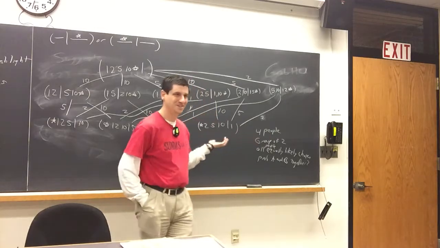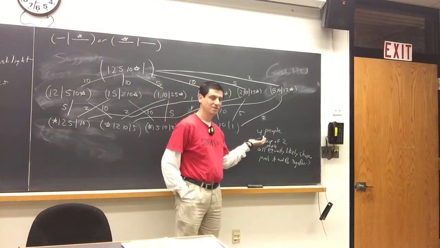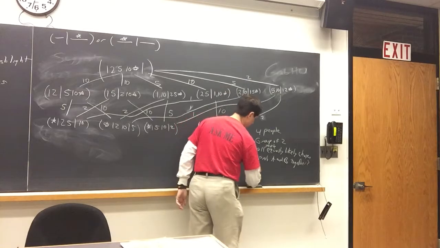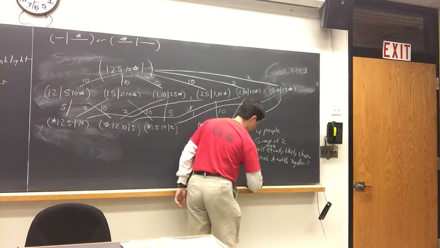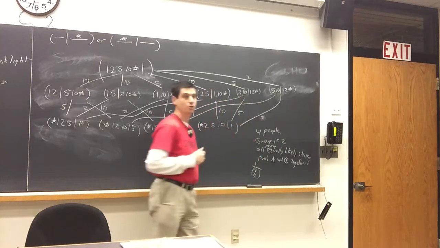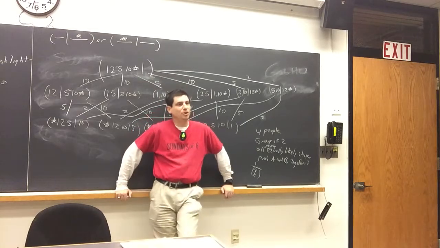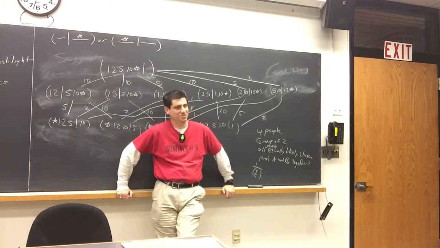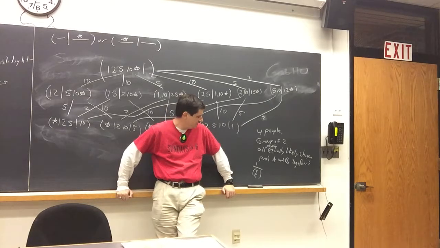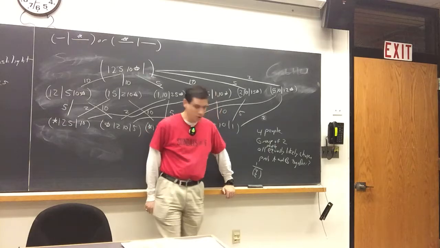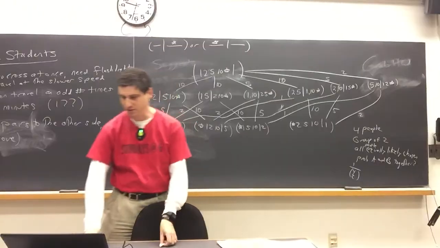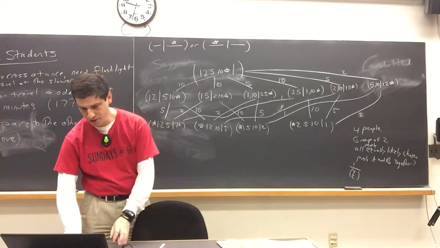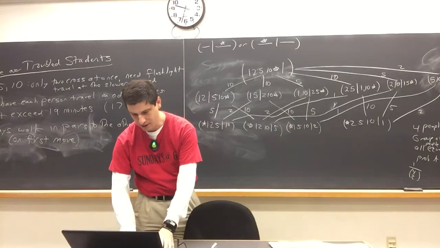Because there's 6 different groups you could make, and that's just choosing one of them. So there's 6 different groups. It all comes down to how you read things. You can view the answer as 1 over 4 choose 2. Because there are 6 groups, and with 6 groups, you have a 1 in 6 chance.